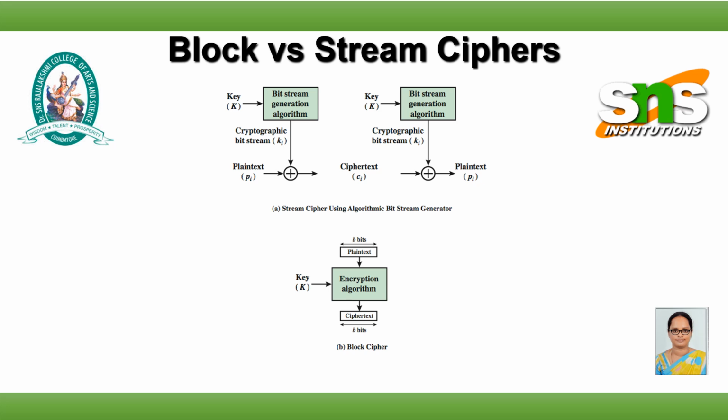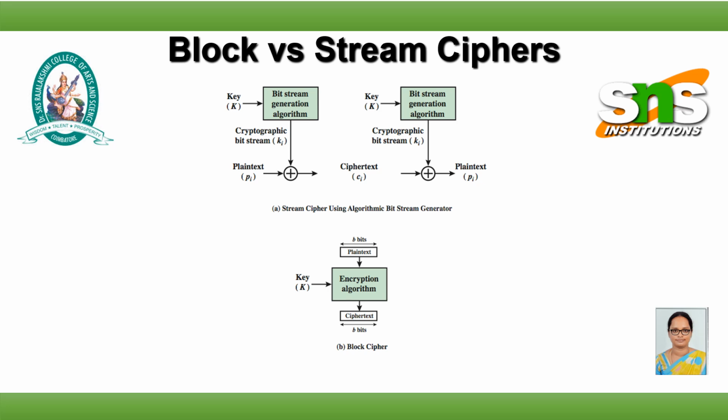The pictorial representation of stream cipher and block cipher is given here. The first one is a stream cipher using an algorithmic bit stream generator, and the second picture shows a block cipher. In the first picture, we send a key through the bit stream generator algorithm.